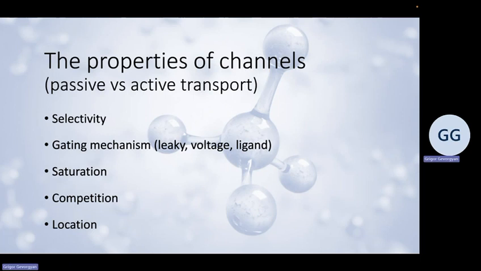So if the voltage changes, the channel opens and the ion flows. If a ligand opens the channel, it is called a ligand gated channel. A ligand, some sort of signaling molecule like a neurotransmitter, comes and tells the channel to open and the ion to flow in.